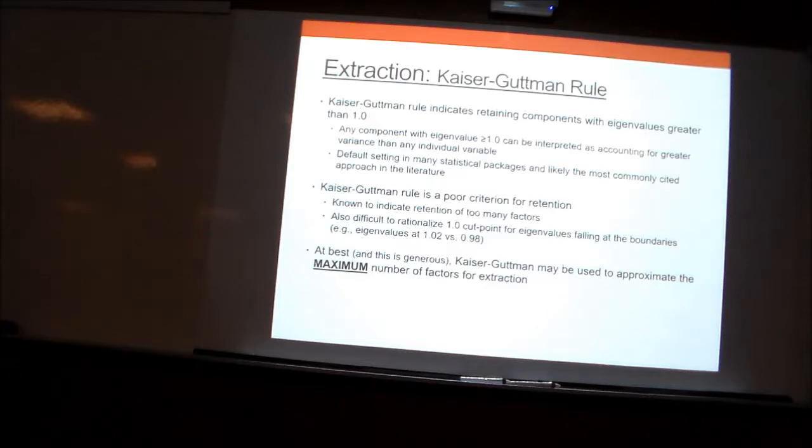At best, Kaiser-Guttman should be an approximation of the maximum number of factors for extraction, because even if I have completely random data, there are still going to be some relations in there. So in theory, not a bad idea. In practice, the worst. Just recognize that as you're evaluating your own results.